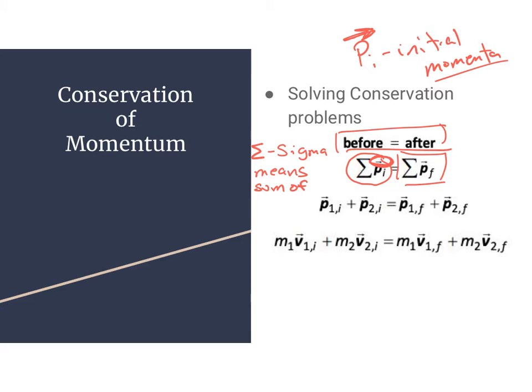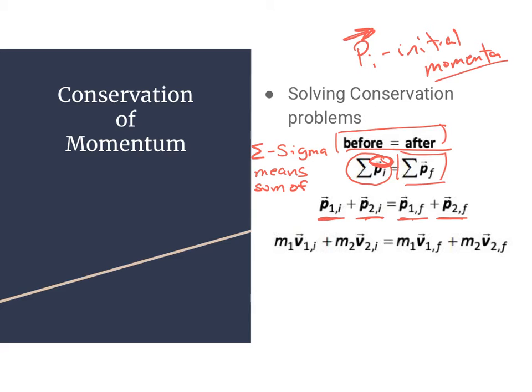We can expand that a little bit more, and here we're just considering two objects. Let's say we have an elastic collision between two objects. The initial momentum of object 1 plus the initial momentum of object 2 is equal to the final momentum of object 1 plus the final momentum of object 2.